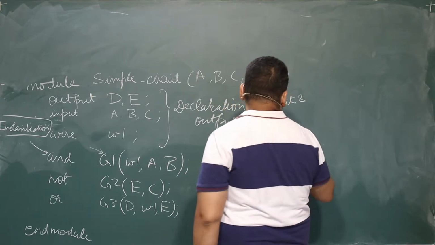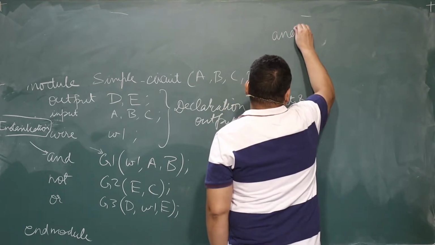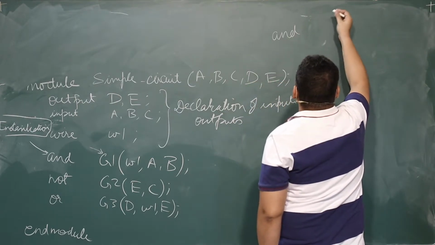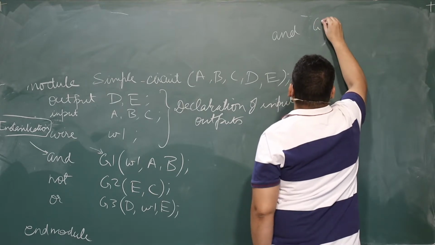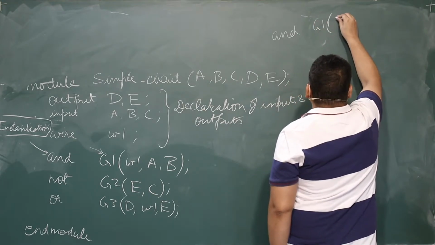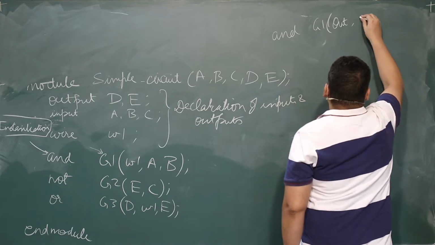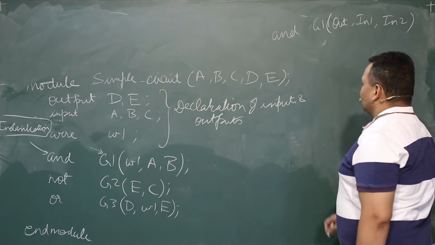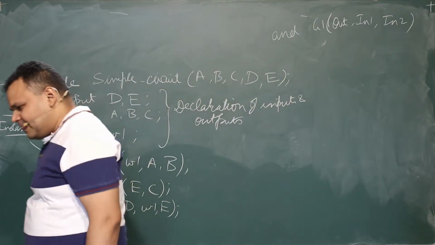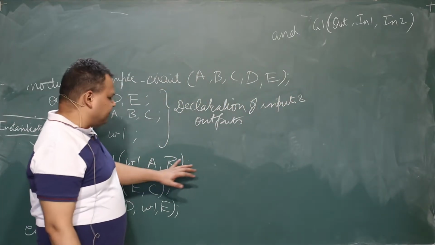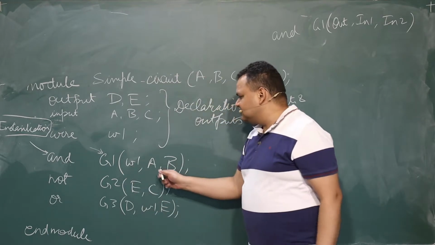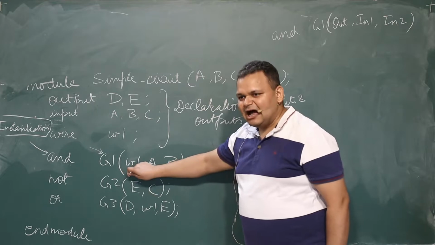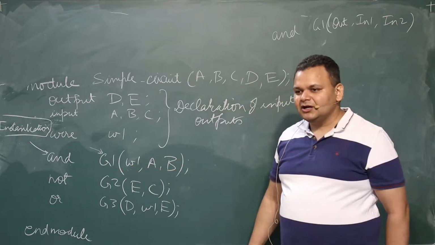For any gate for that matter, you give the name, let us say G1 in this case, and then it is out, comma, in1, in2. That is the order of these variables. The first thing that you have is the output. A and B are your inputs.